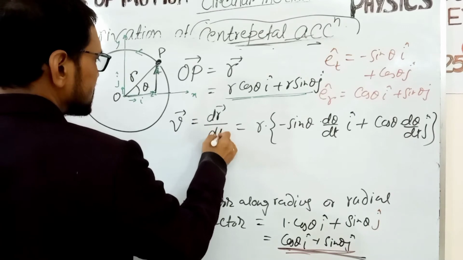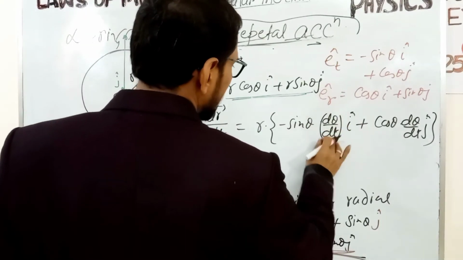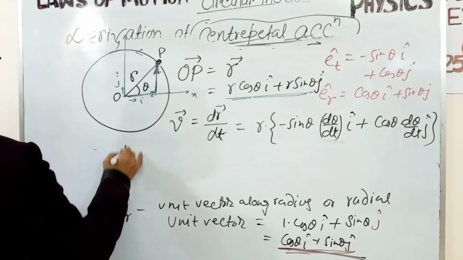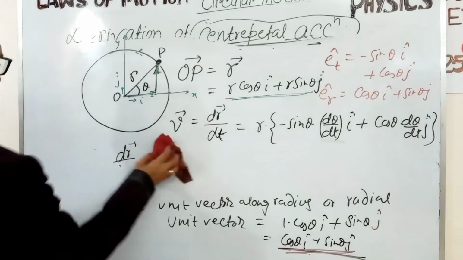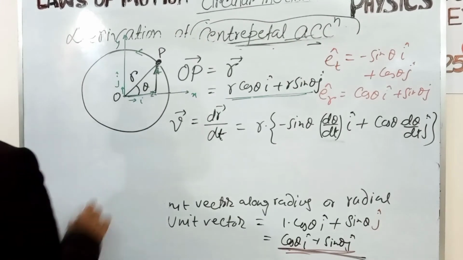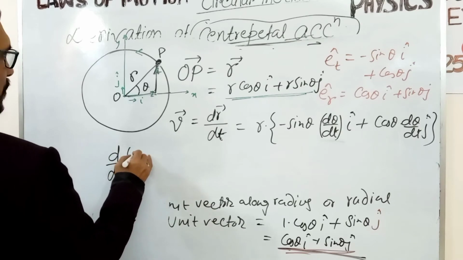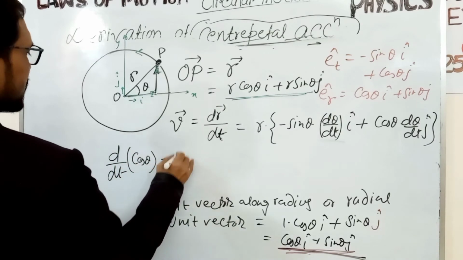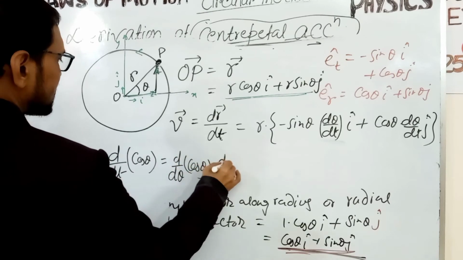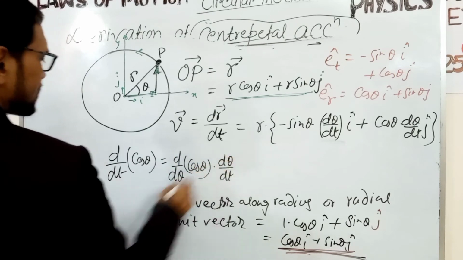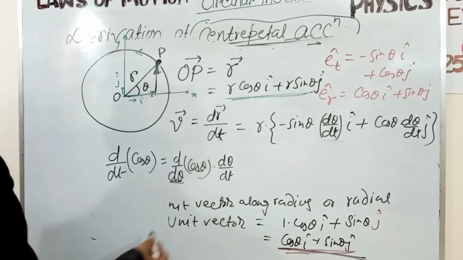Now this is the derivative with respect to t, so here extra terms come in because of d theta by dt. We derive d by dt of cos theta, which is equal to d by d theta of cos theta into d theta by dt, because the variable should be the same.